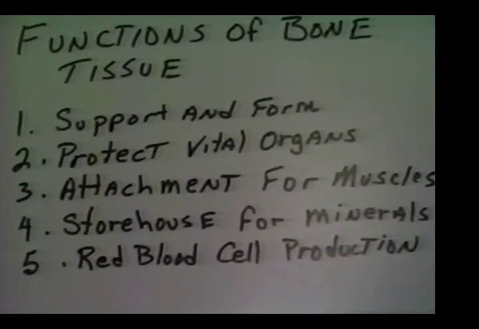Let's look at bone tissue through the microscope. First of all, we look at this on low power. We see that bone tissue is composed of structures composed of concentric rings.